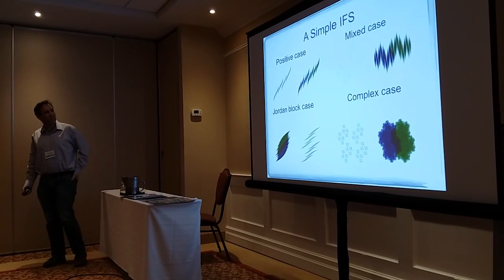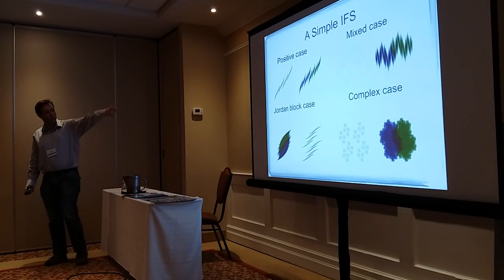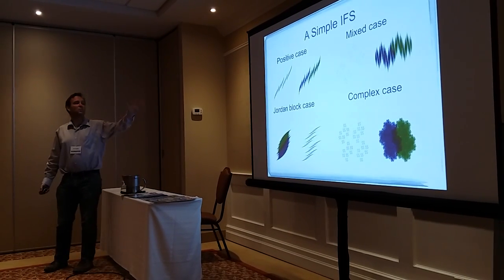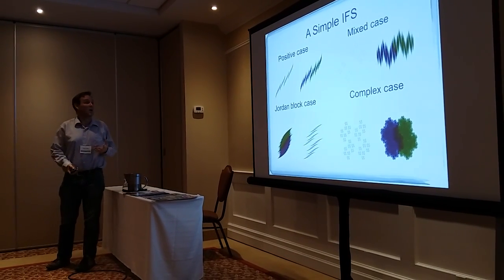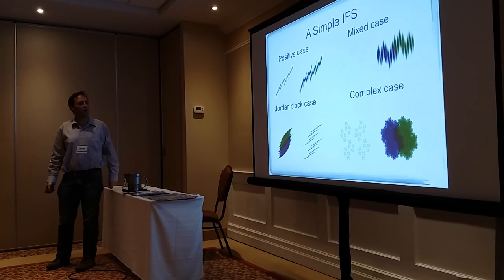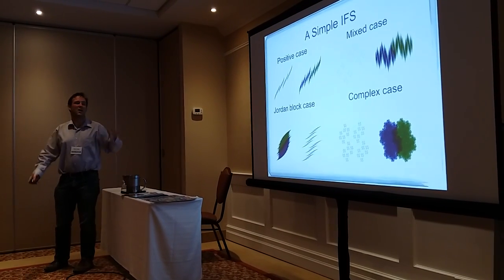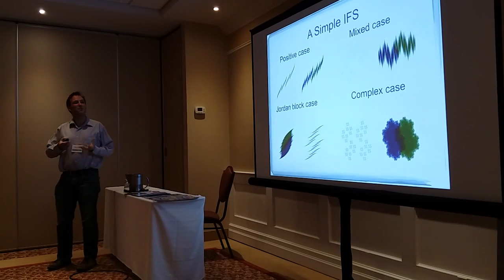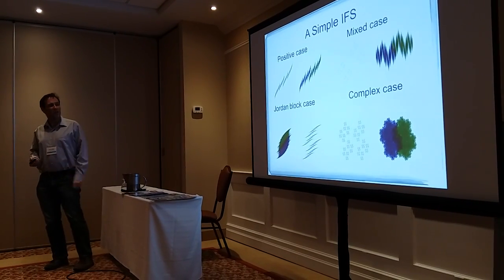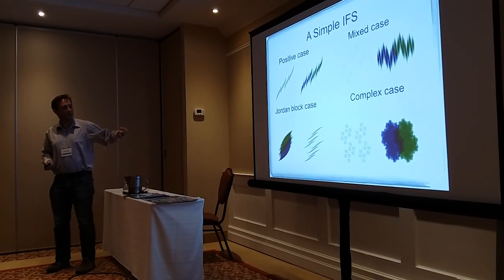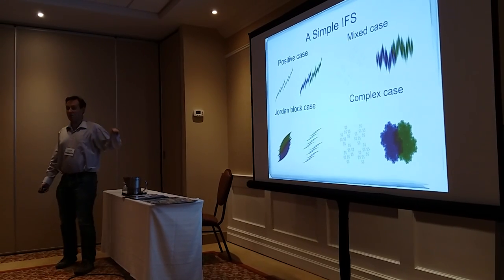I didn't quite do them in the same order. For the positive case, I've listed 2 possible fractals that you could get from this, and there are a lot of other ones we'll see later on. The mixed case has a completely different feel to what the fractal looks like. With the Jordan block case, there's not as much variety.